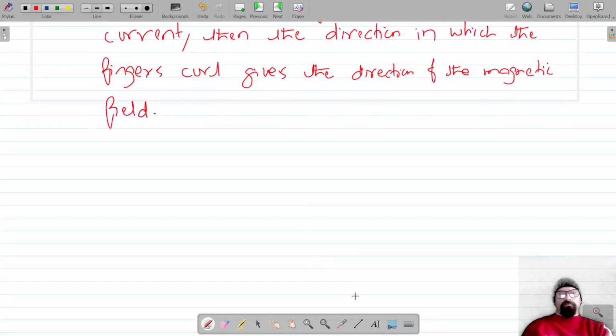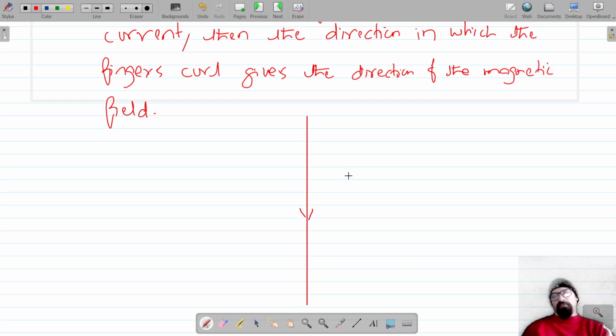So this is the right hand thumb rule, and let's say it's a straight current carrying conductor, and the current is flowing in this direction. We know that for a straight current carrying conductor, the pattern of magnetic field about any element is always concentric circles.